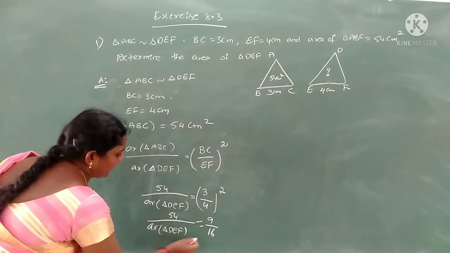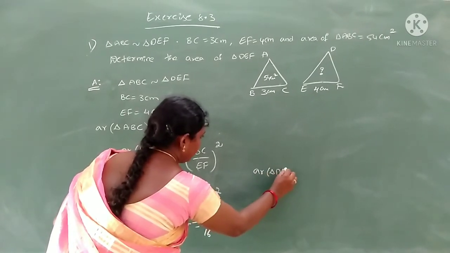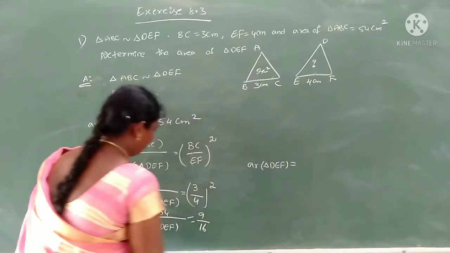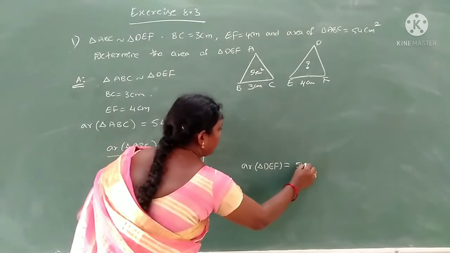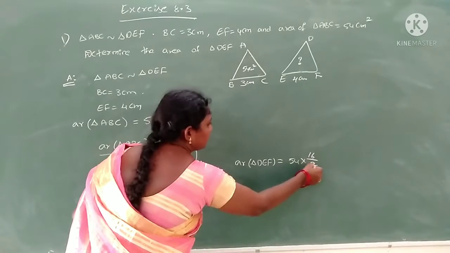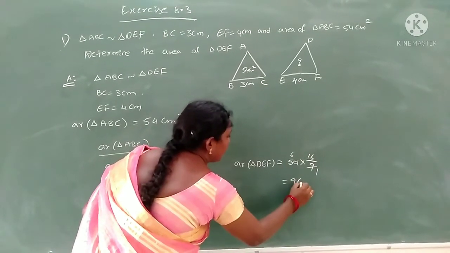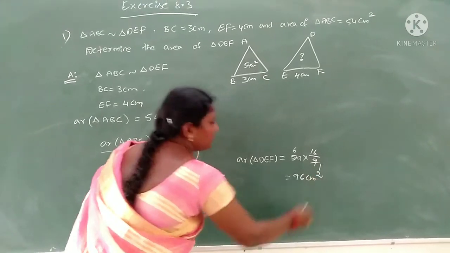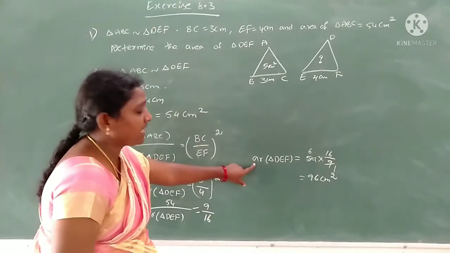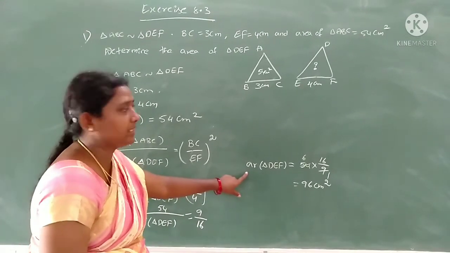Cross multiply: area of triangle DEF equal to 54 into 16 by 9. 9 ones are 9, 6 sixes are 96 cm square. We get the area of triangle DEF equal to 96 cm square.